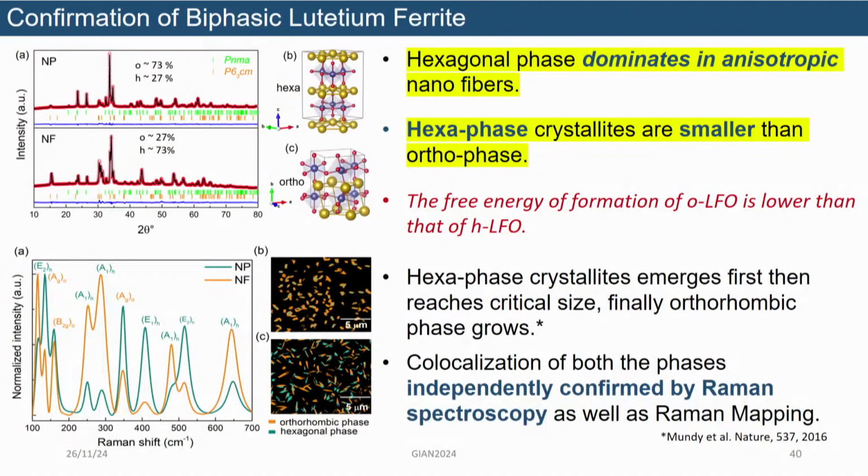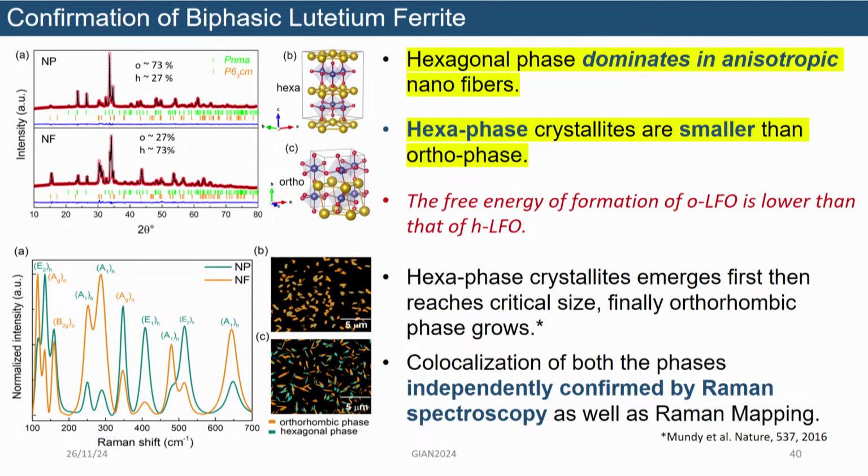So there was a combination of orthorhombic and hexagonal in the same material. So we got more interested, okay, we should investigate this, and we realized, when we did the Rietveld analysis of the X-ray diffraction data, the structural data, what we found was that in nanoparticles we got 73% orthorhombic and 27% hexagonal, and in nanofibers it is exactly the opposite, while they were synthesized at the same temperature.